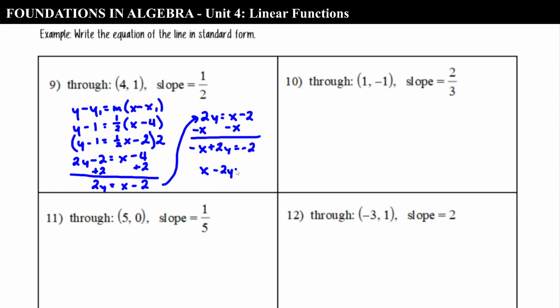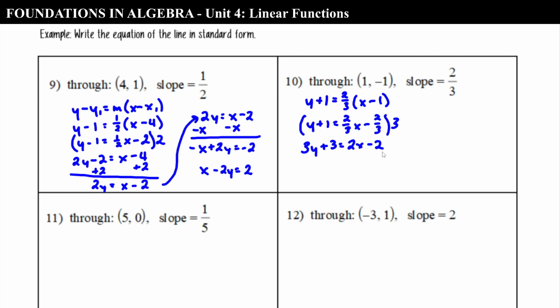All right, next problem, we're going to do similarly. So we're going to do y minus negative 1, so that's going to be plus 1, equals 2/3 times x minus 1. Distribute your 2/3, you give 2/3 x minus 2/3, and we got to multiply everything by 3 to get rid of the fraction. So that gives us 3y plus 3 equals 2x minus 2.